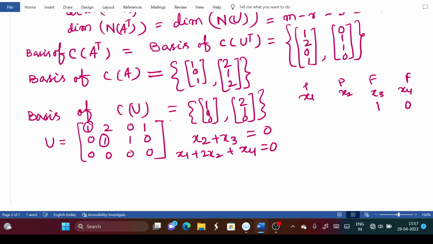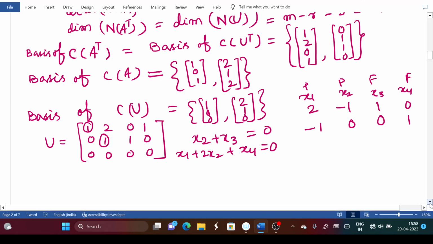So 1, 0, 0, 1. From x3 I get my x2 as minus 1, 0. And substituting the value of x2 and x4 here, what we get? It is 0, it is minus, so it is plus 2. It is 1, it is 0, so it is minus 1.